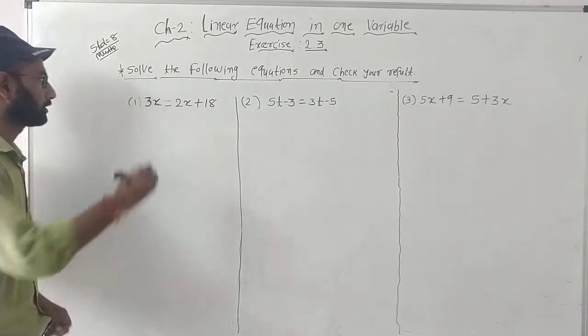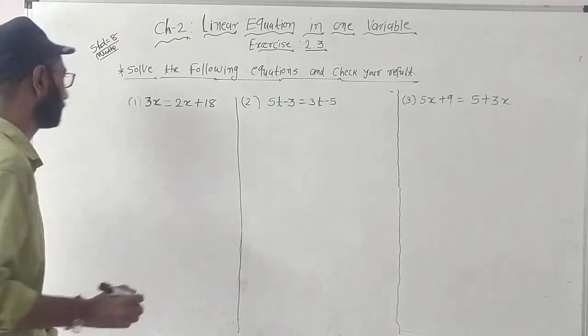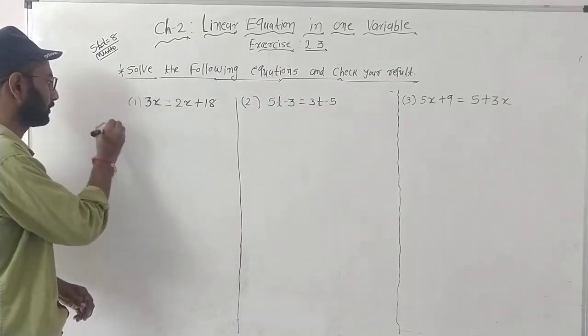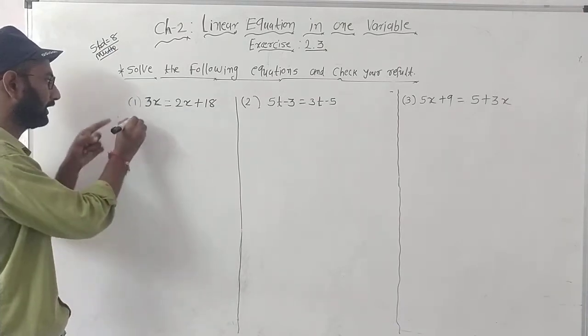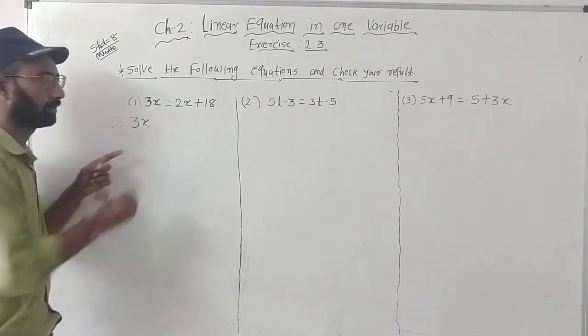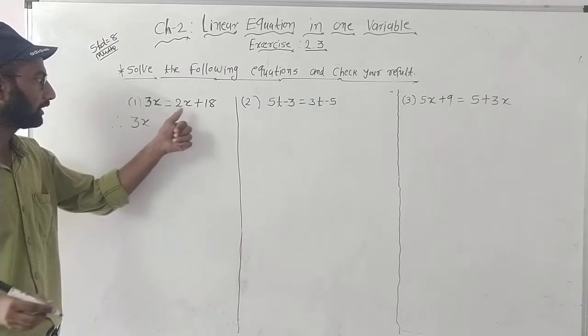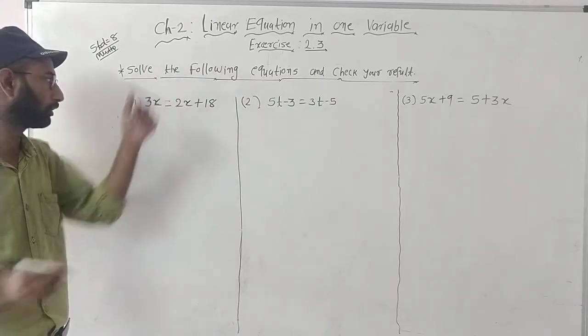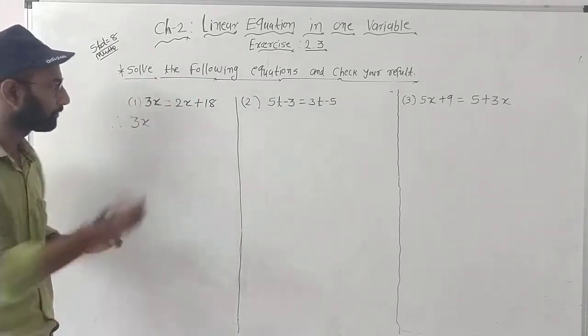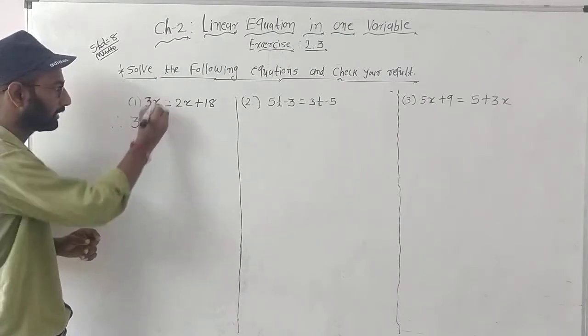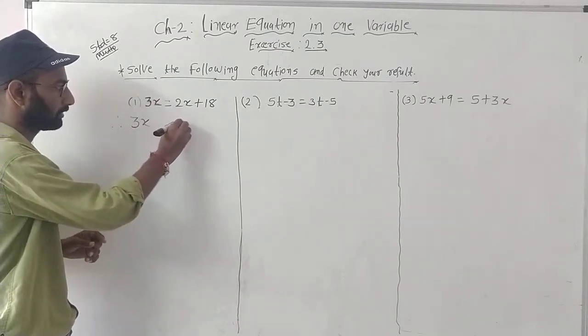Suppose 3x as it is. I have written 3x as it is. This sign of is equal to as it is.